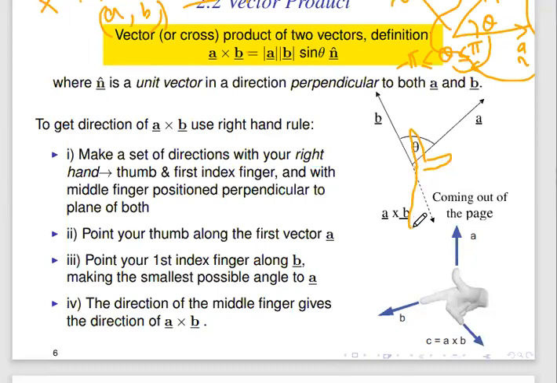This is your middle finger: A, B, and the middle finger.